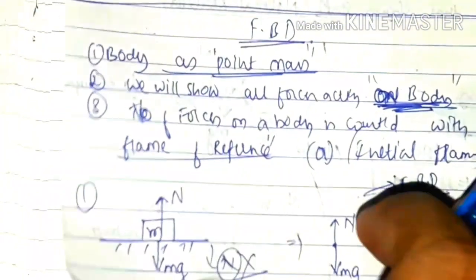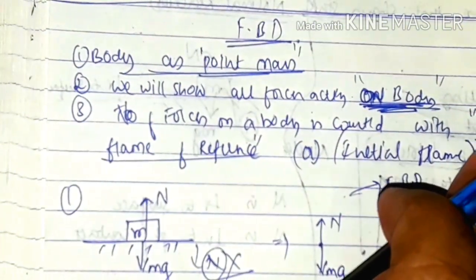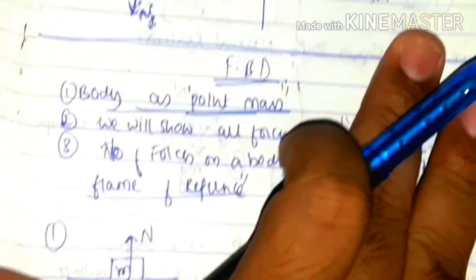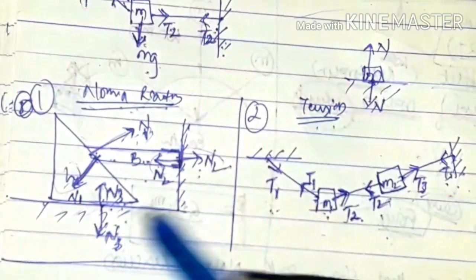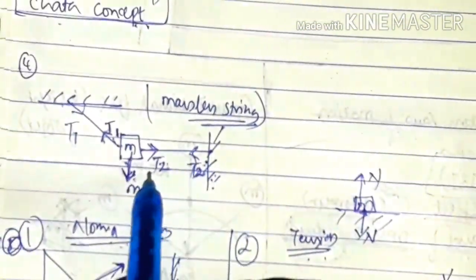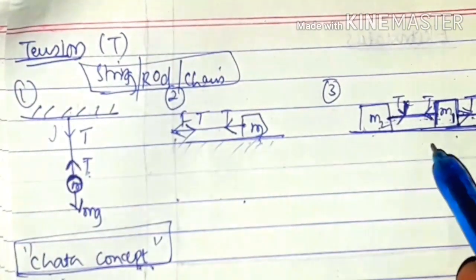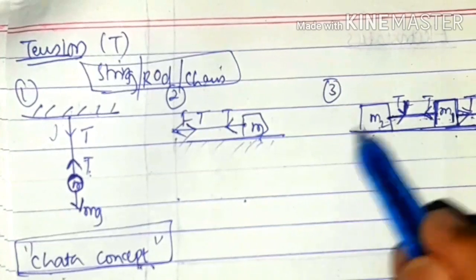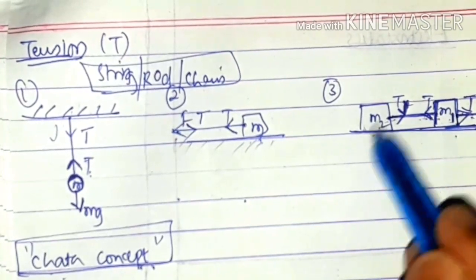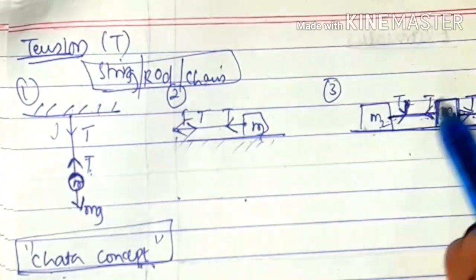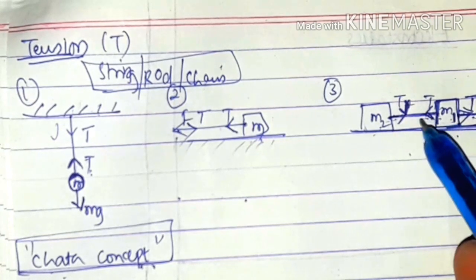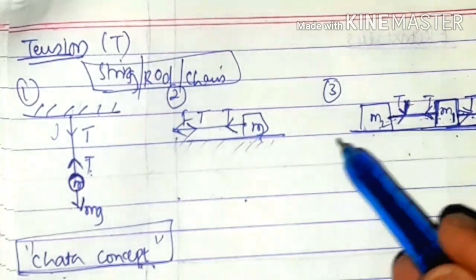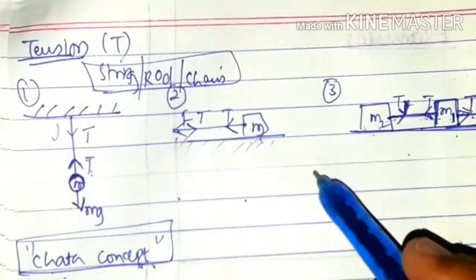Now coming back to an important concept, that is the free body diagram. In all these examples that I have explained earlier, you have drawn somewhat of a pictorial representation of the body, not exactly the exact picture, but at least in a schematic way you have drawn it, right?